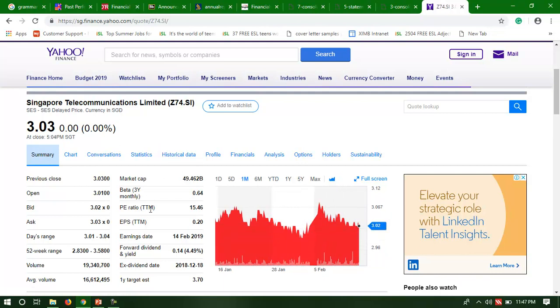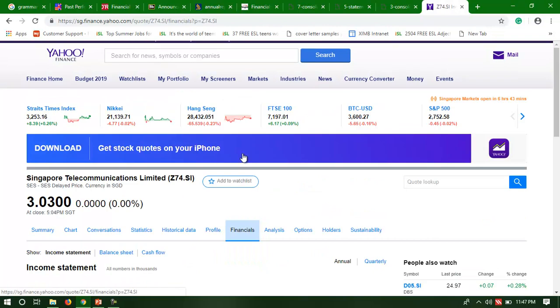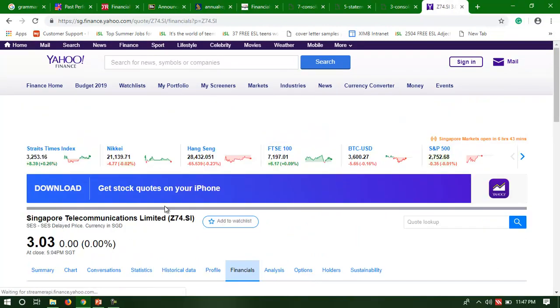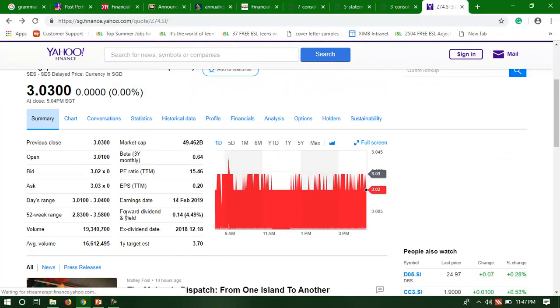So during this period of our study, we'll be visiting sites like Yahoo Finance and Google Finance, where we get information about the financials, which will have the balance sheet, income statement, and cash flow. But at the same time, we'll also have a look at the share price to get an understanding about the link between the financial statements and the market.